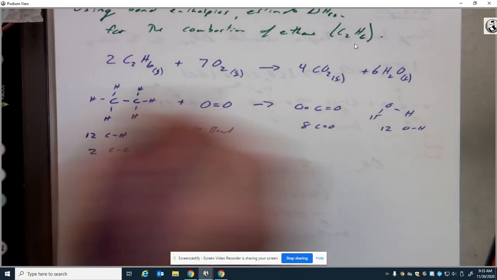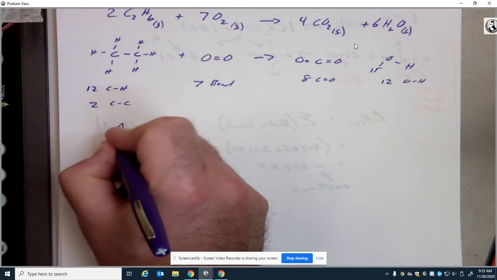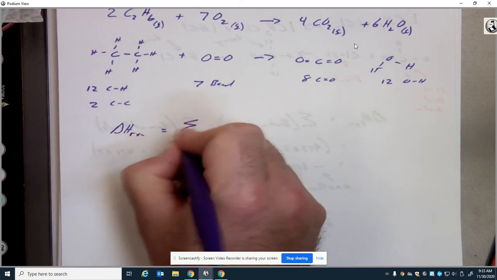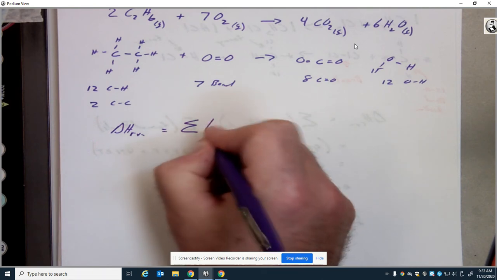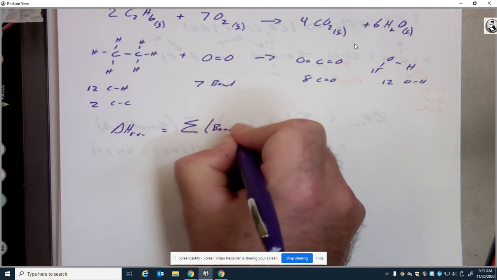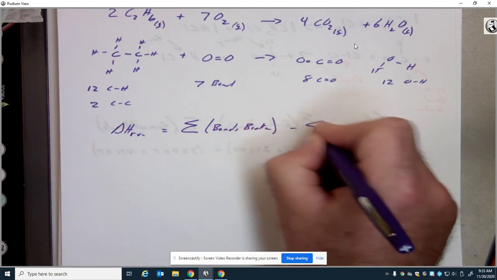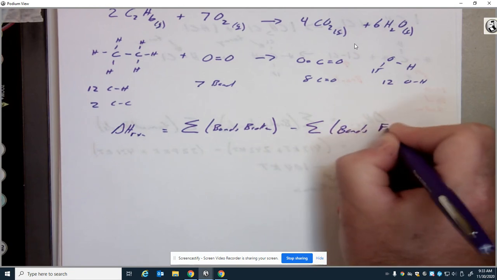So now that we know all that, we can actually get it into the equation. So our delta H of reaction is equal to the sum of our bonds broken minus the sum of our bonds formed.